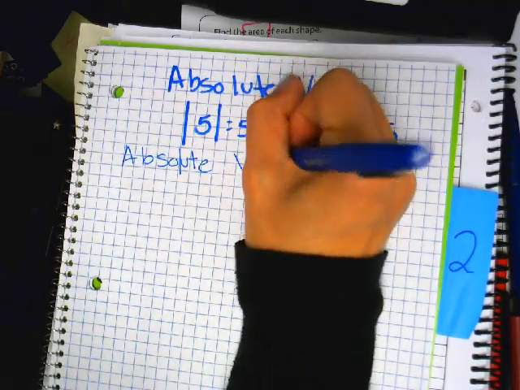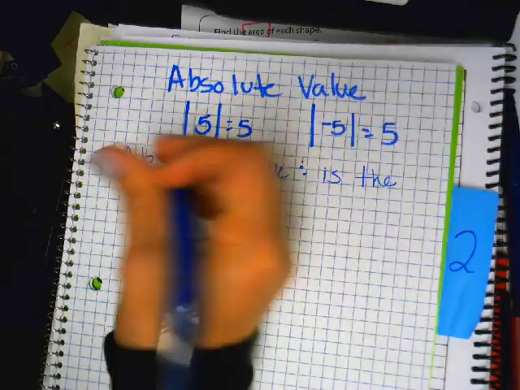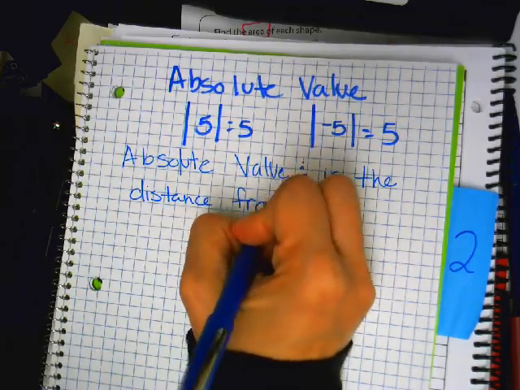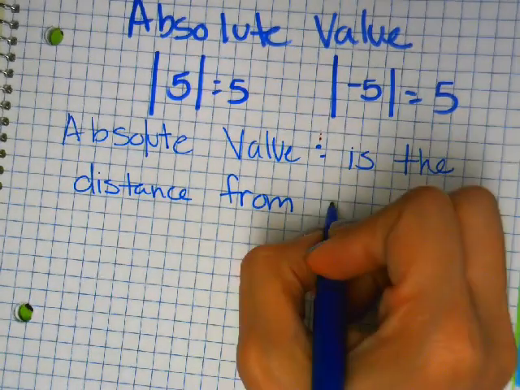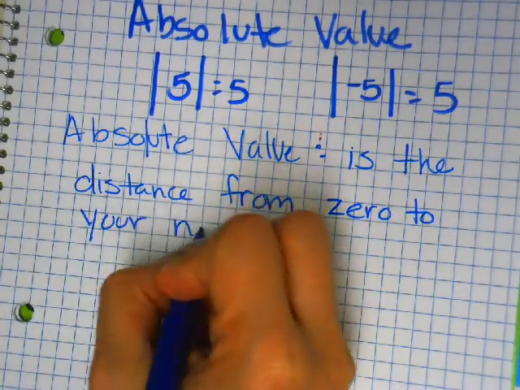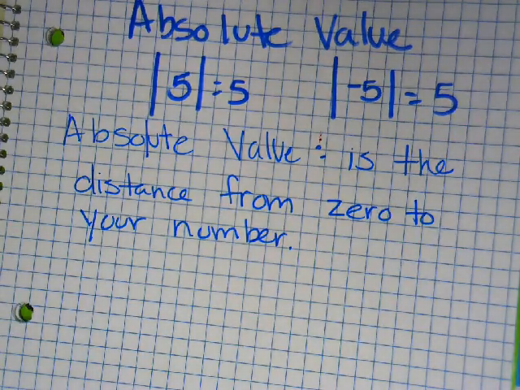Absolute value, here's a definition, is the distance from 0 to your number. Because absolute value is called distance, your answer will always be positive. Can you have a negative distance? Can I take a ruler and measure negative 6 inches?